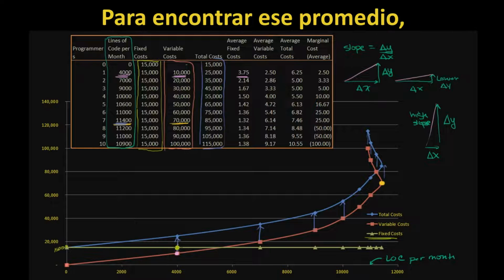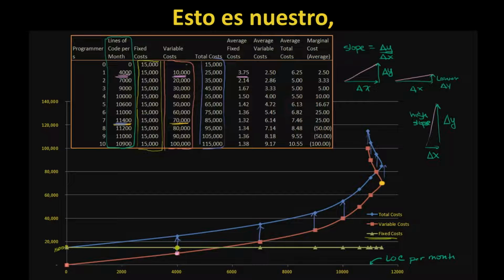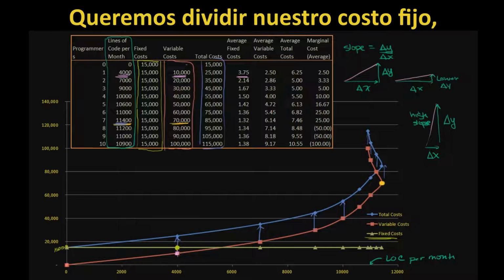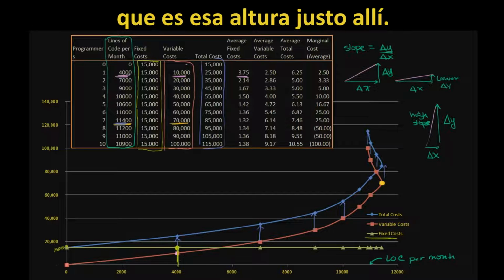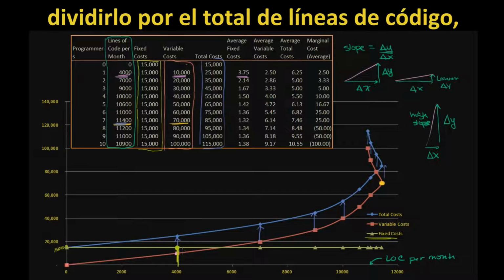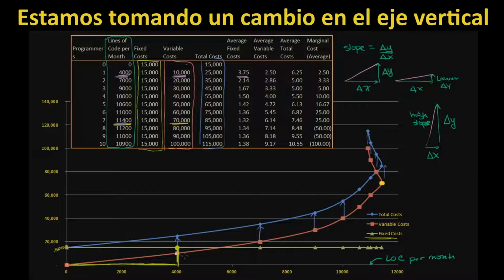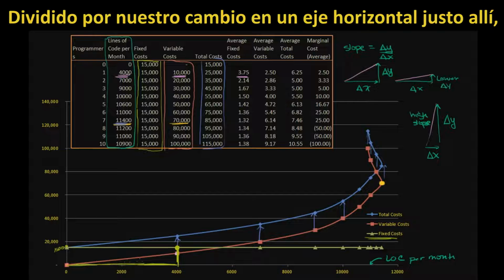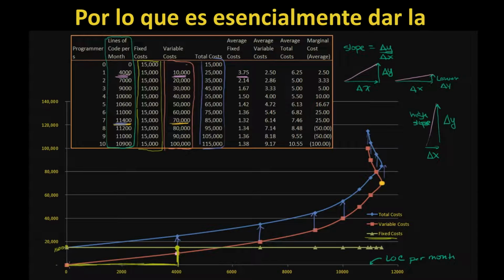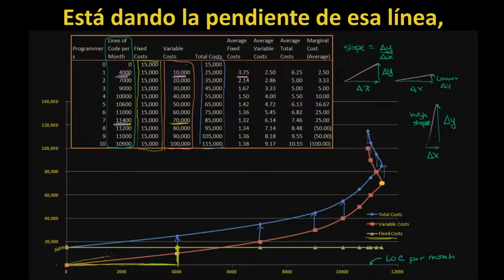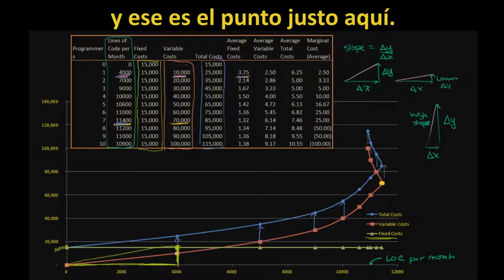To find our average fixed cost, we want to divide our fixed costs, which is that height right over there, by the total lines of code, and that gives us our average fixed cost per line of code. So we're taking a change in the vertical axis divided by our change in the horizontal axis. So it's essentially giving the slope of this line just like that, and that's this point right over here.